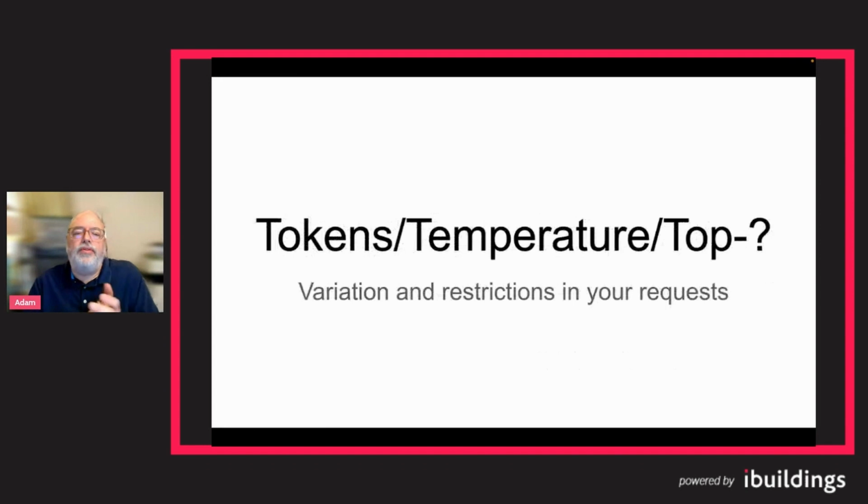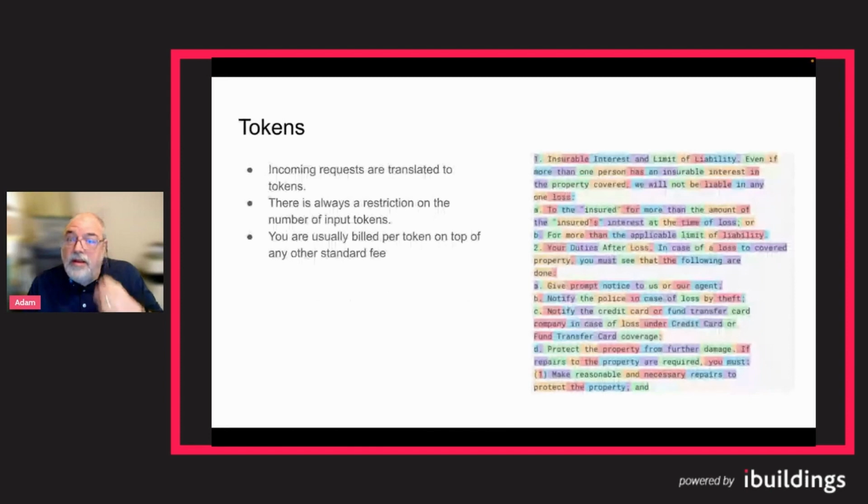So tokens, temperature, and top P. These are variation restrictions on your requests, and they're important to understand. When we talk about restrictions, we're talking about tokens. The way that neural networks work is they have a maximum amount of input that they can process. And the way that large language models, which are what people consider AI today, ingest that is through tokens.